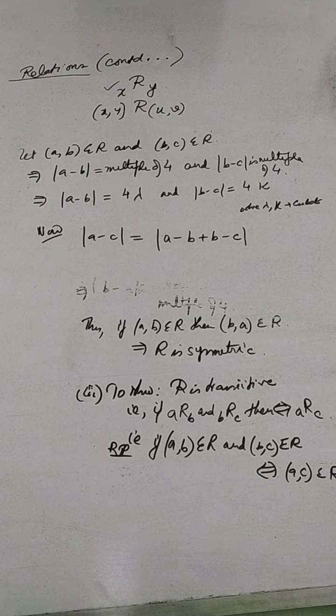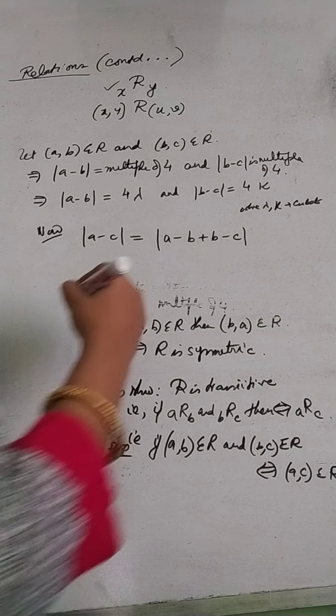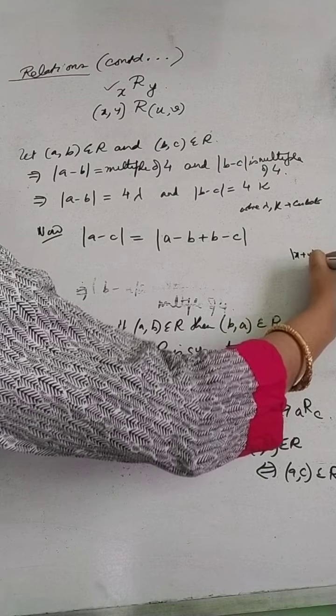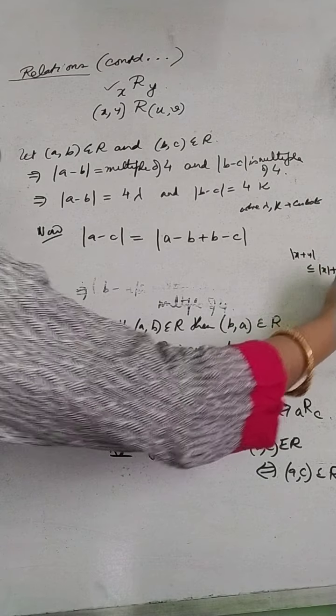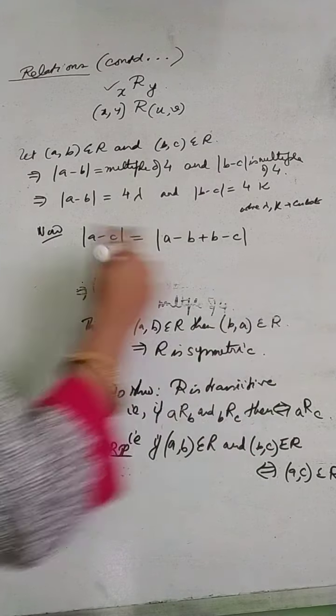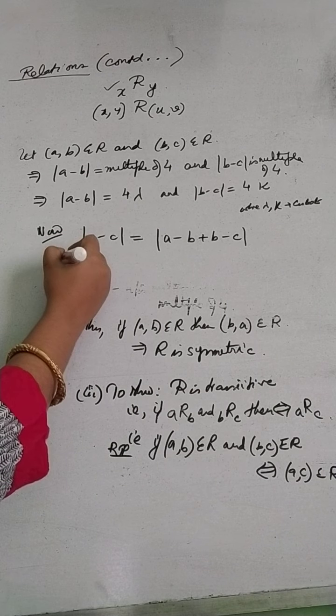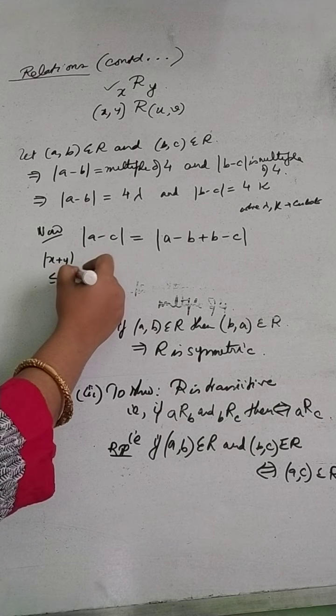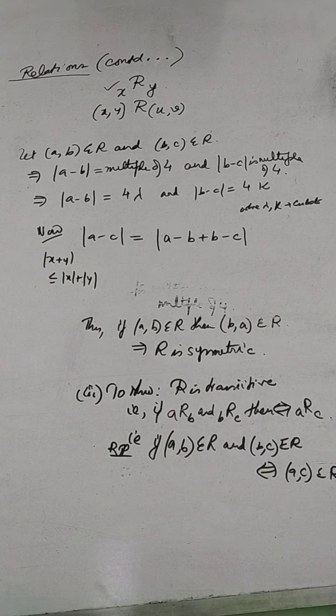Okay, and if we are writing this, then we have a property of modulus, if you remember, that mod of x plus y is less than or equal to mod x plus mod y. If you can remember this, it will be nice.